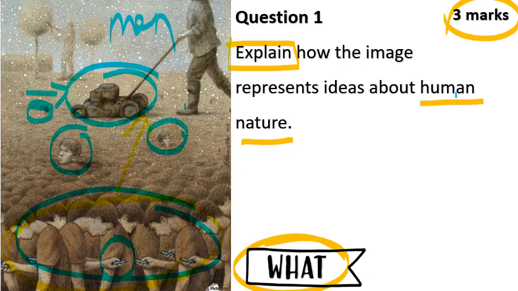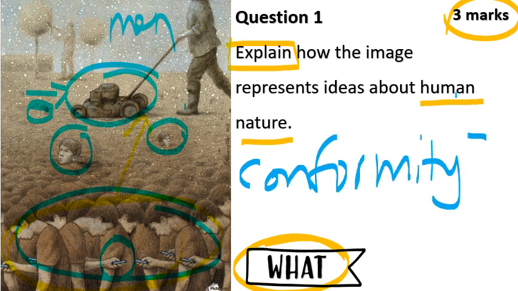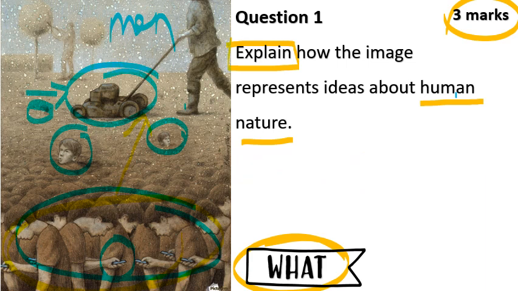By having the boys, or the same boy, repeated all the way through, is it demonstrating an idea about conformity? Is it trying to say something about that? Is it also demonstrating an idea about individuality?